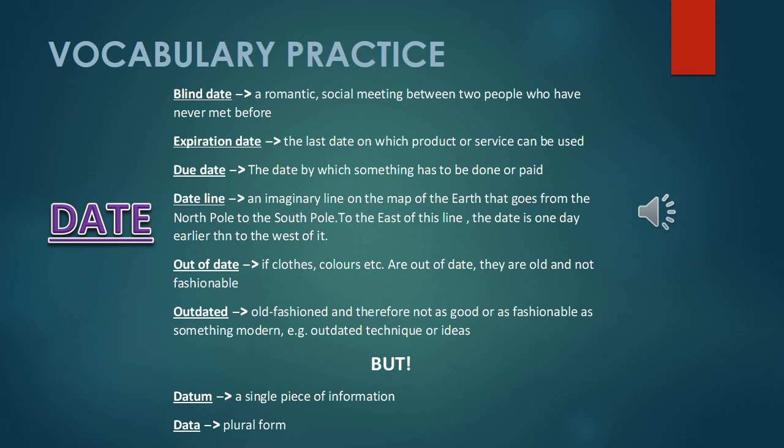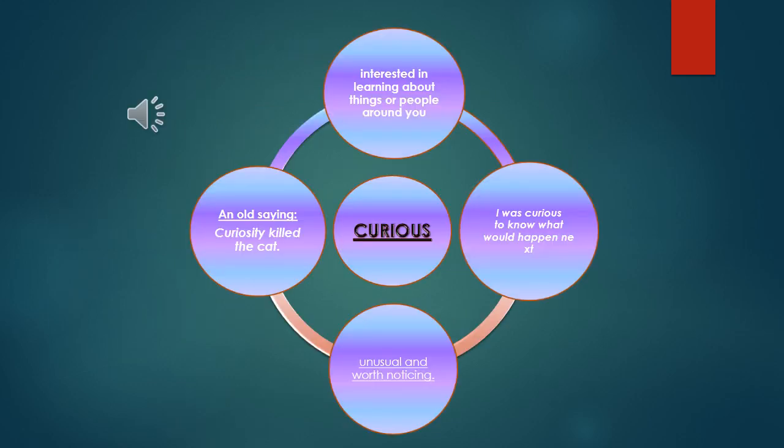You all know the meaning of the following word, but be careful about the singular and the plural forms. We say datum to refer to a single piece of information, and data is actually the plural form of this noun.